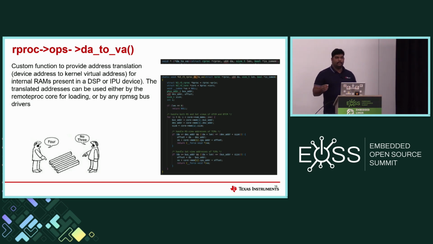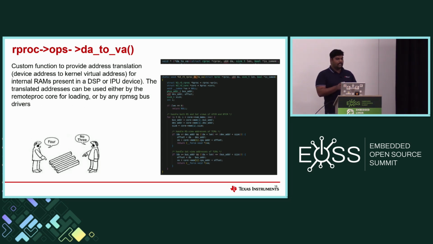Take for example, the remote core has a TCM or SRAM, which has the address 0. Now, if you look from a host, which is another processor, your SoC will have a TRM where you will see the memory map. So this TCM or SRAM might have a different address when the host processor sees it.